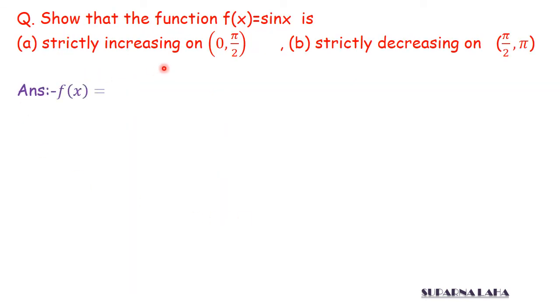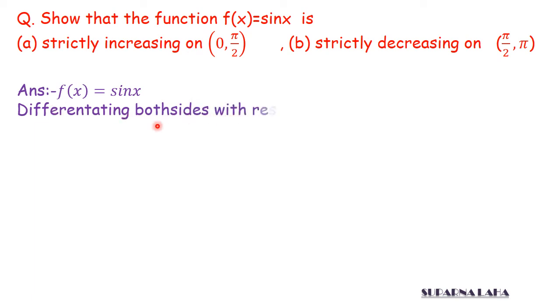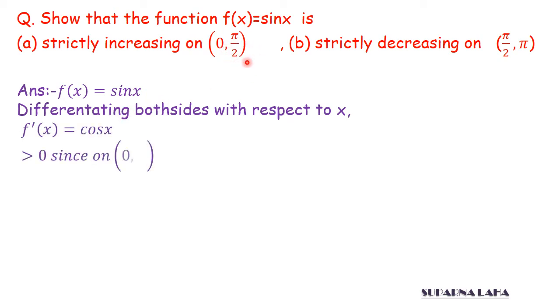Now here I am taking sin x, and we need to show it is strictly increasing on 0 to pi by 2. So if we differentiate this function sin x, what we will find? f dash x is cos x. Now in this open interval 0 to pi by 2, that means in the first quadrant, cos x is always positive and not equal to 0.